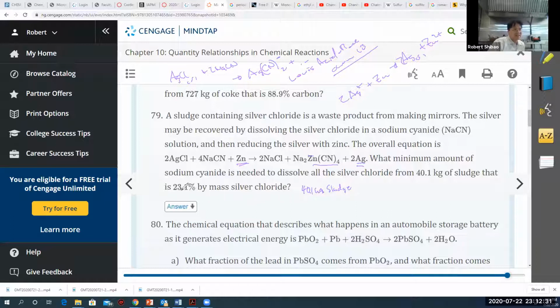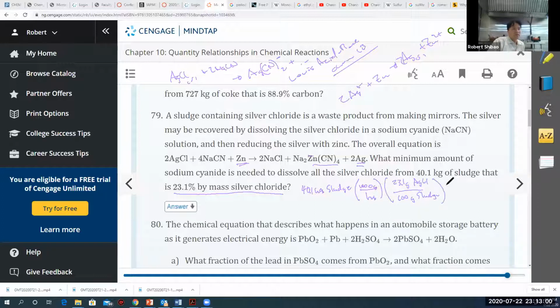And like I said, I do it always the same. So I could leave it as kilogram percentage, but I'm not. And so I'm going to go from kilograms of sludge to grams of sludge. And then I'm going to use this 23.1% by mass. So that means we have 23.1 grams of pure silver chloride per 100 grams of sludge.